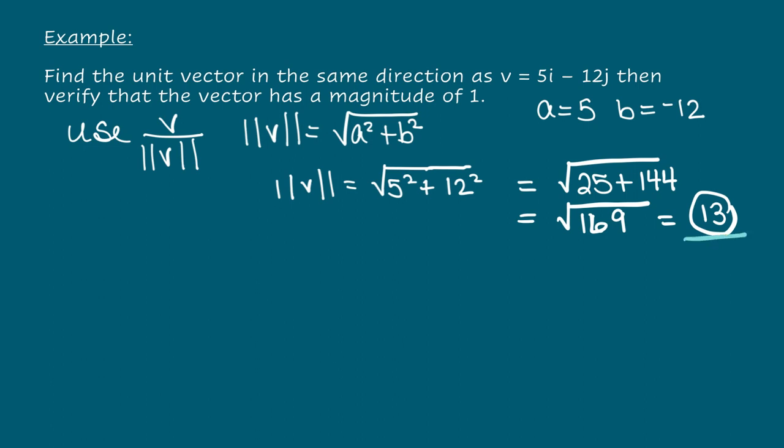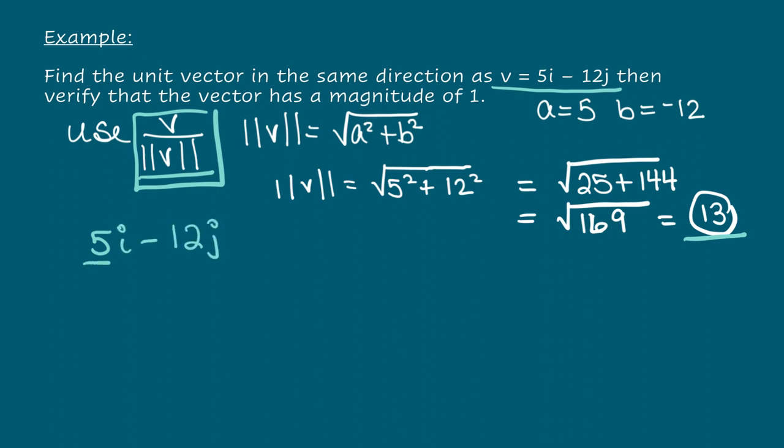So this is just our magnitude. We're not quite done. What we really want is a unit vector. So our unit vector is still going to be in terms of i and j. So we need to write v over our magnitude, which we just found. So we're going to write 5i minus 12j over our magnitude of 13.